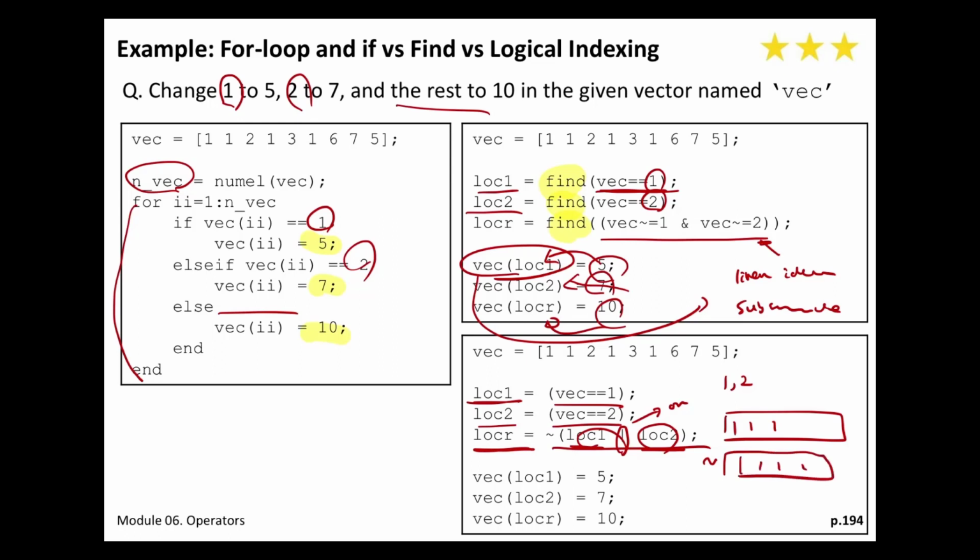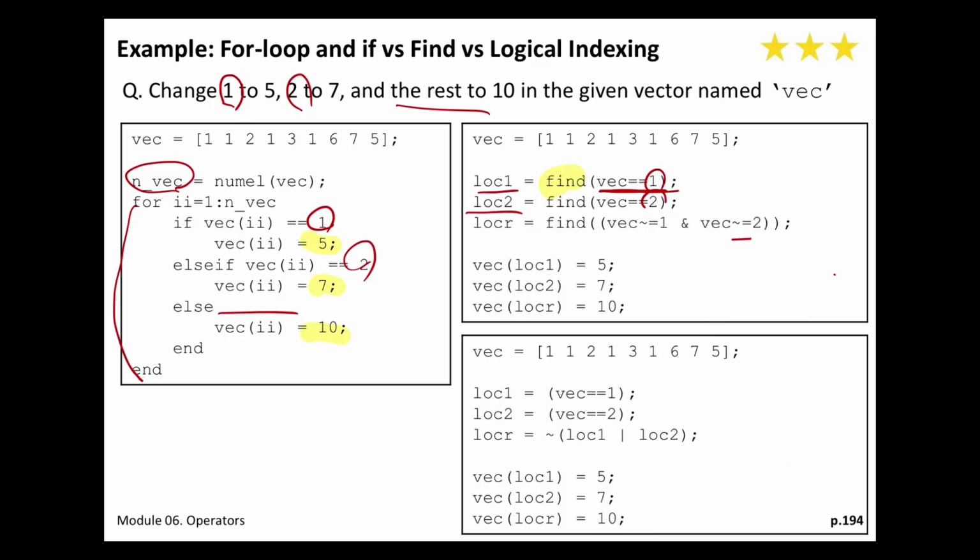Then how to assign this value? You can simply use the logical vector to refer to those locations and assign the value like this. Okay, here you have to know the difference between these two.